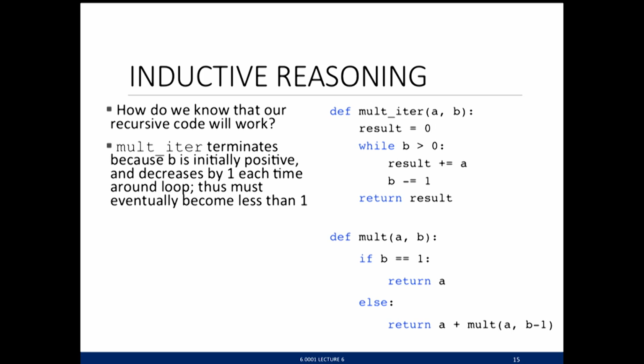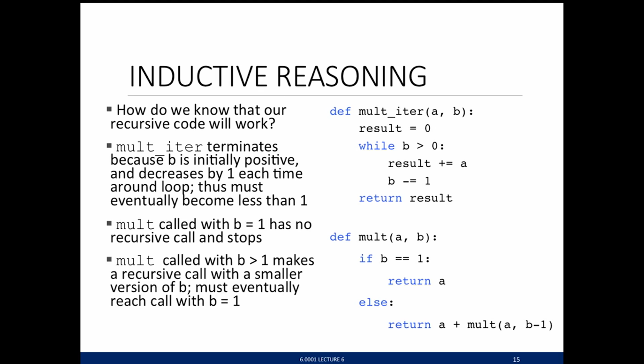So I can conclude it's always going to terminate. What about the recursive version? Well, if I call it with b equal to 1, I'm done. If I call it with b greater than 1, again, it's going to reduce it by 1 on the recursive call, which means on each recursive call, it's going to reduce it. Eventually, it gets down to a place, assuming I gave it a positive integer, where b is equal to 1. So it'll stop, which is good.